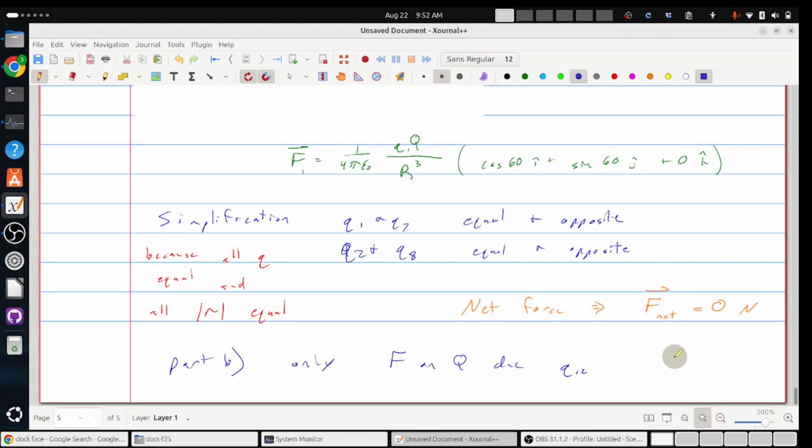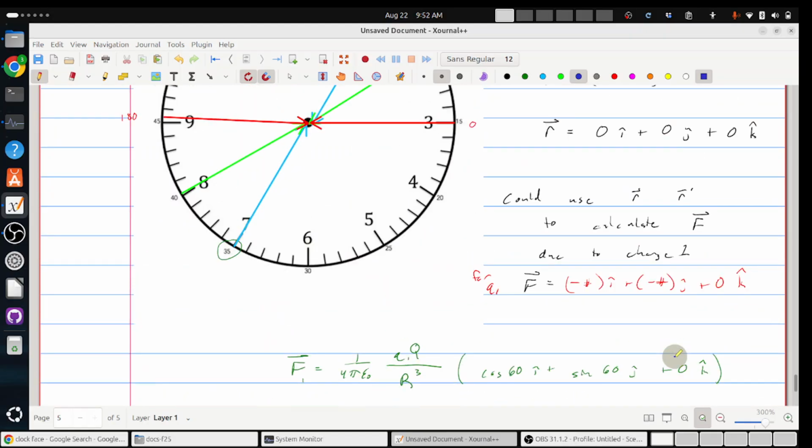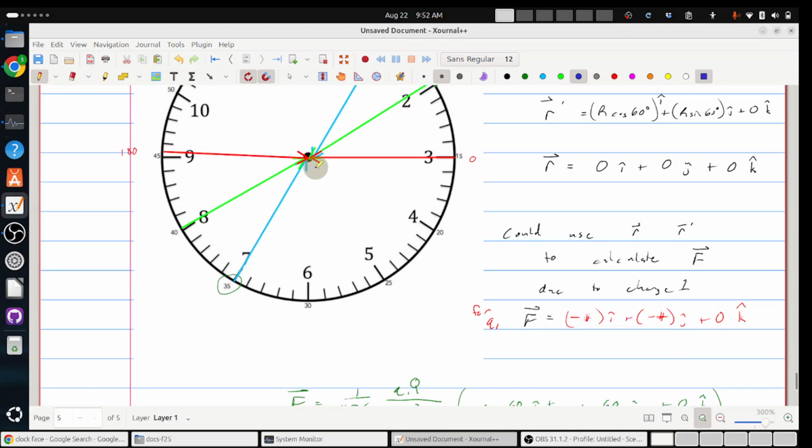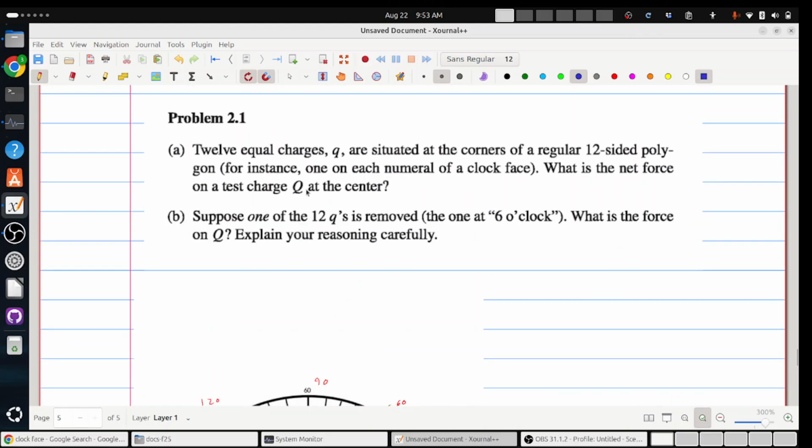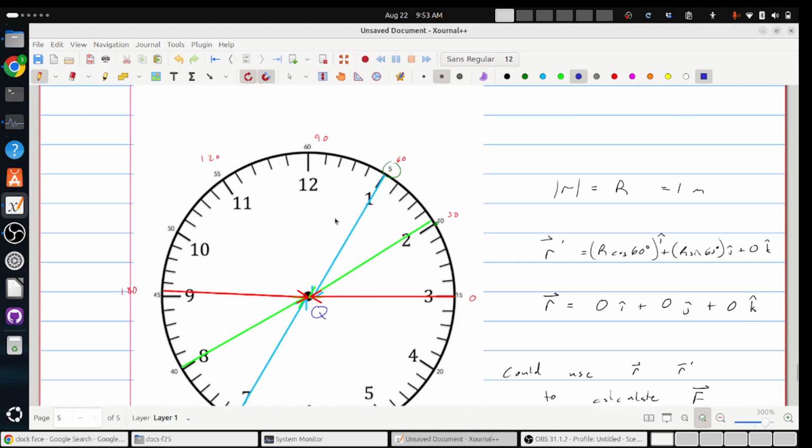Big Q is the middle dot. Big Q was that middle one right here. That's my test charge, my field point, due to all these fixed source charges. So when they come up here and they ask you, what's the net force on the test charge, big Q at the center? Take advantage of symmetry whenever you can.